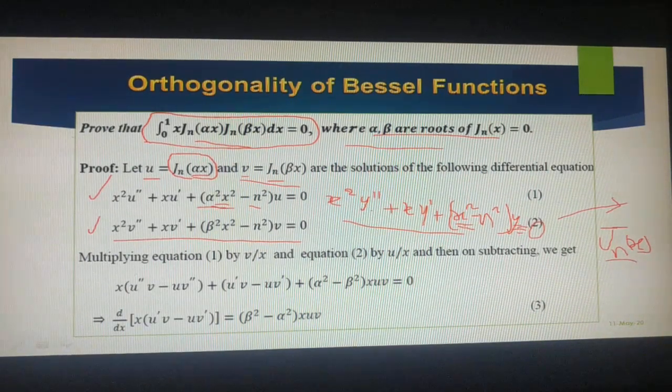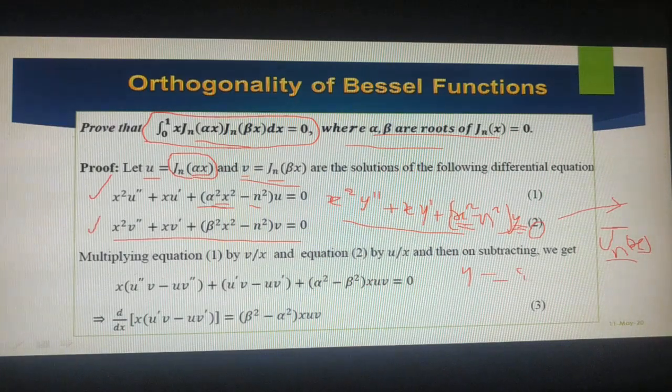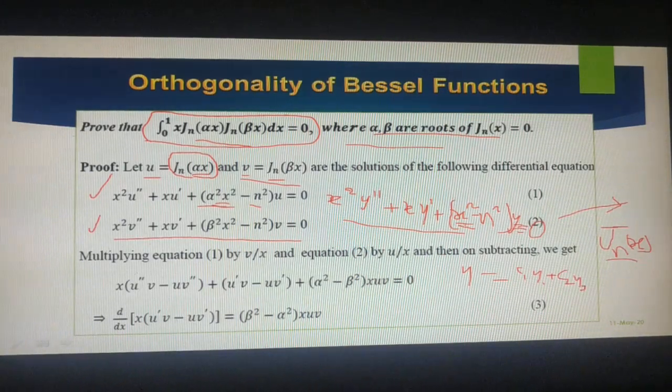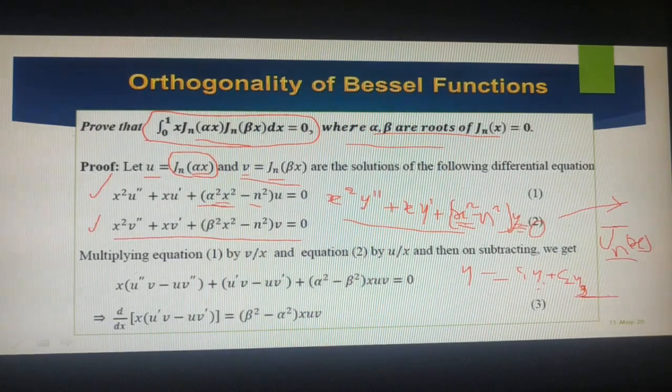In place of y, y dash and y double dash, I substitute the solution, isn't it? Remember we write y as c1 y1 plus c2 y2. Here y1 and y2 are the Bessel functions: Jn of x is y1, and J minus n of x is y2.